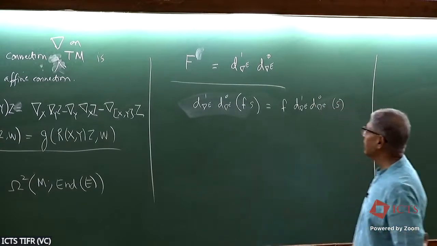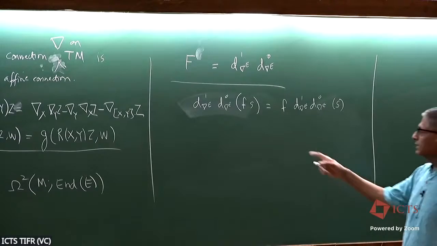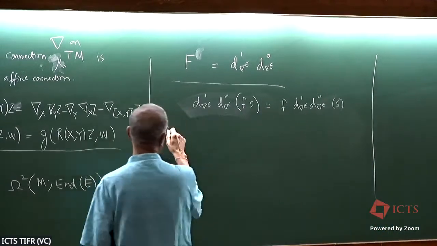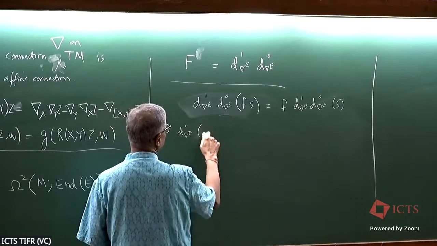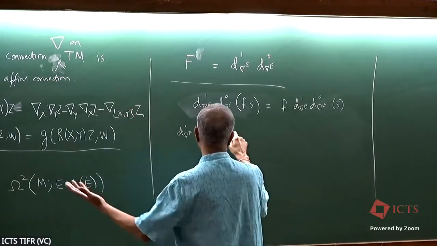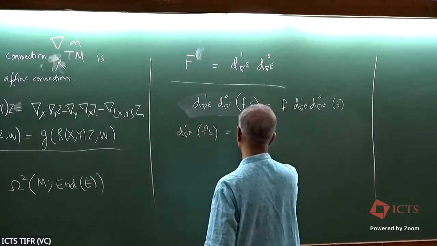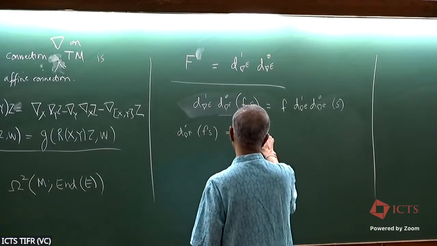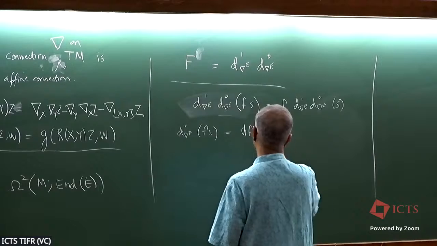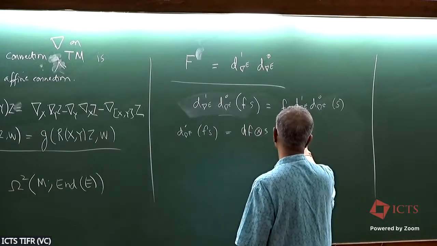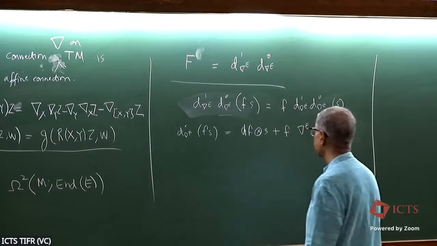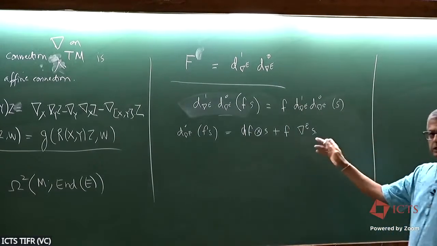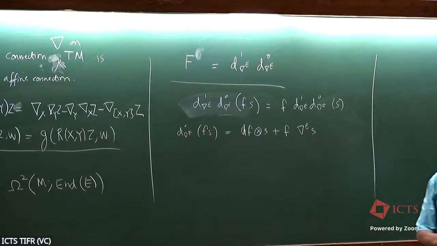So let's work with this. Start here on the left-hand side. d nabla 0 of fs, by the definition, is df tensor s plus f times nabla E of s, which by the way is just another name for d nabla 0.